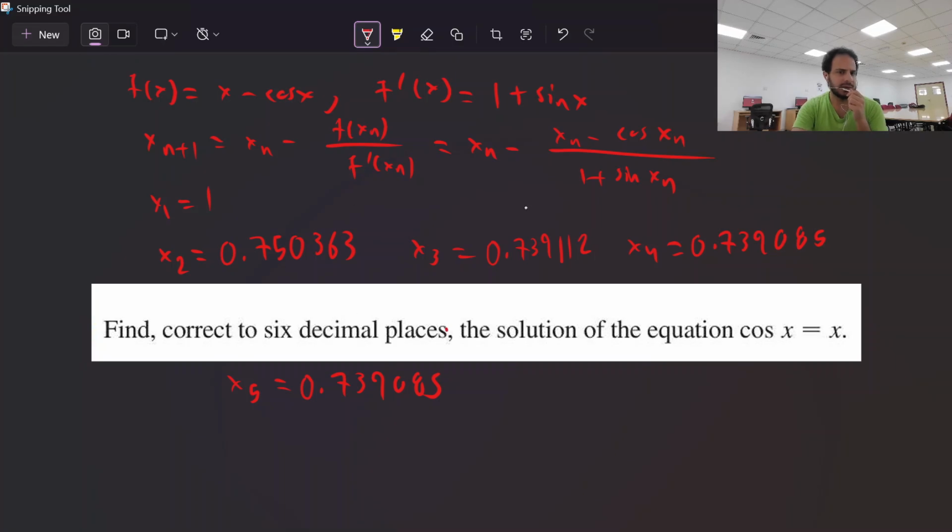Do we have now 6 correct decimal places? We have it, right? We have 6 here, 6 here, and they are the same digits. So we know that these 6 digits are correct. Are you good with this?